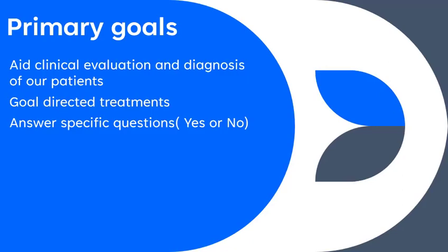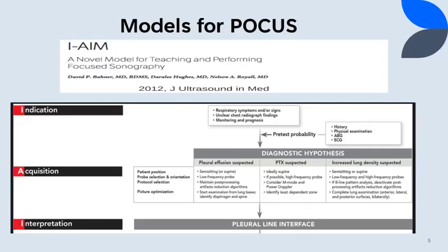The models that have been studied for POCUS, it's called the I-AIM model. I stands for indication. So you look at the patient's history and examination and relevant investigations, for instance, your ABGs and your ECG. And then you look at your acquisition.